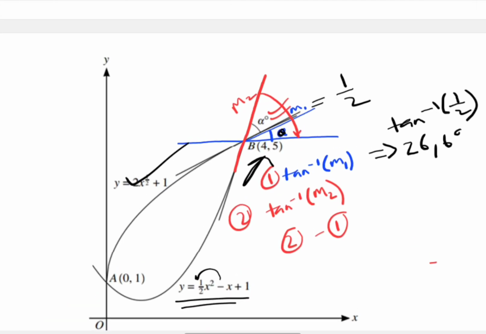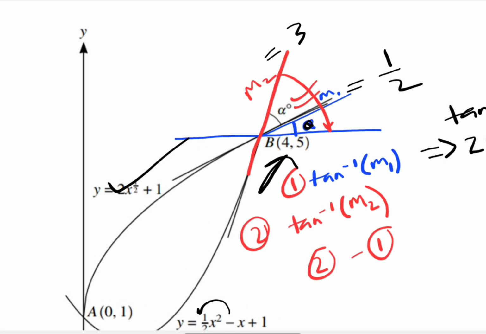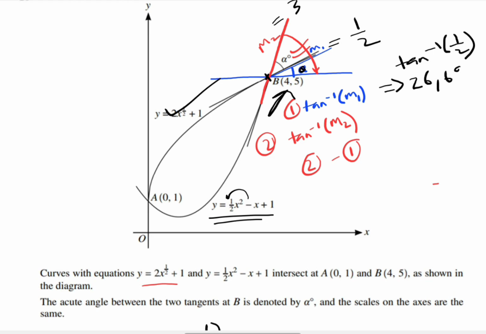And since our m2 is 3, we know the gradient of the tangent is the same as the gradient of the curve at this point, where the tangent is touching the curve. So that would be 3 there.